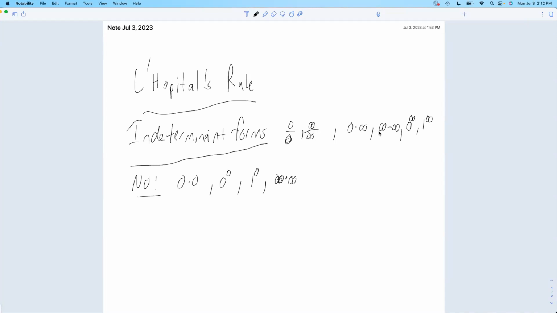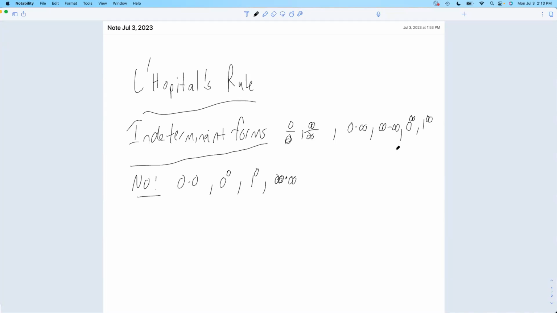Sometimes if I have infinity minus infinity, I can change that into something that looks like one of these and use L'Hopital's, or 0 raised to the infinity or 1 to the infinity. And when I say all these, I always mean as a limit. When I say nothing ever actually equals infinity, we mean if we have limits that are tending to infinity, and we have an indeterminate form of infinity over infinity, L'Hopital's rule will apply. Same with all these guys.